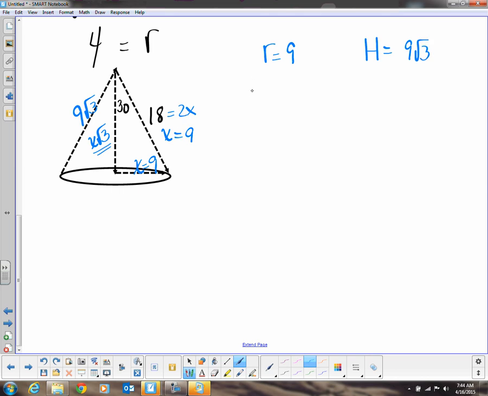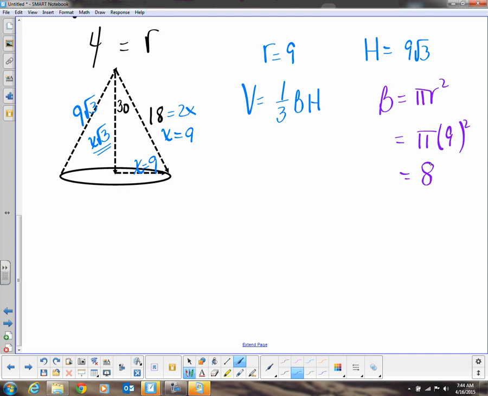All right, we're doing a cone. So that's going to be 1/3 capital B capital H. What is the capital B this time? What's its shape? Circle. What's the area formula for a circle? Good. All right. And my R is 9. So what's base area? 81 pi.